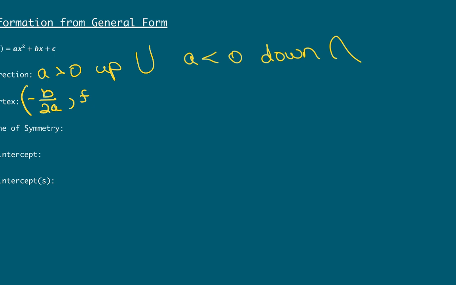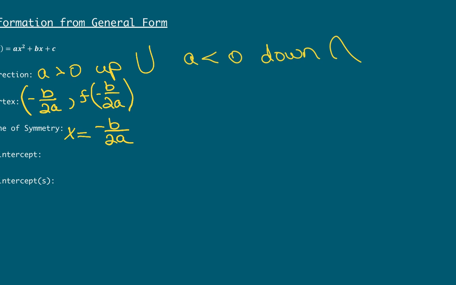We find f of negative b over 2a, and that gives us the y value of our vertex. The line of symmetry is going to be the x value of our vertex again, so x equals negative b over 2a. We've already found that.